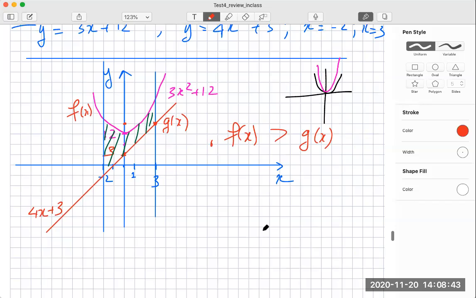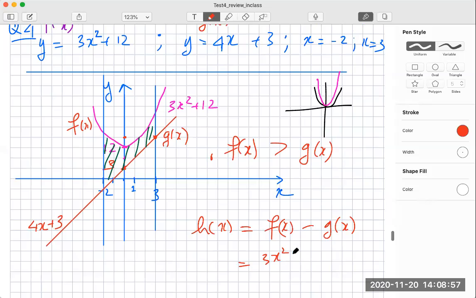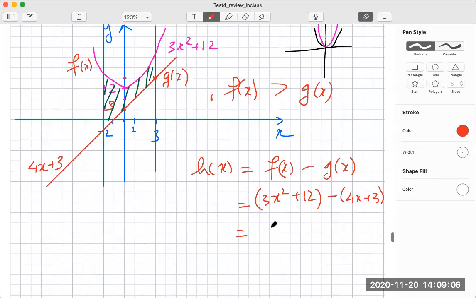Or you can check it by making a table. If you define the function h of x as f of x minus g of x, which is here 3x squared plus 12 minus 4x plus 3, it becomes 3x squared minus 4x plus 9.